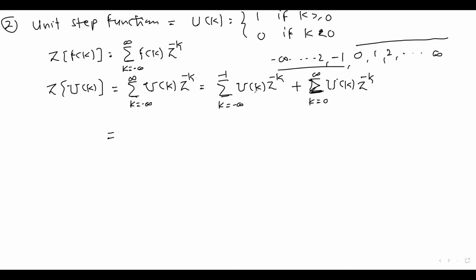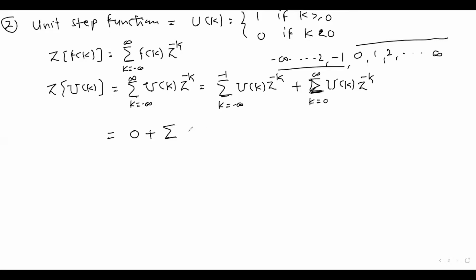Okay, the value of the u of k sequence between minus infinity and minus 1, which is given, is 0. The first value is 0. 0 into Z raised to minus k is 0, plus summation. The value of u of k is 1.